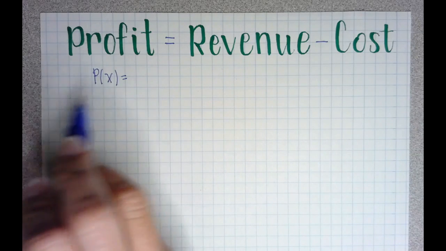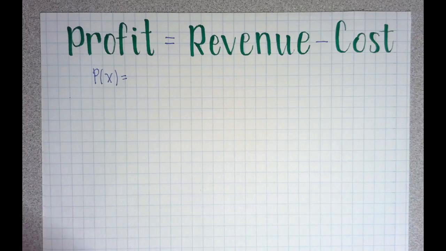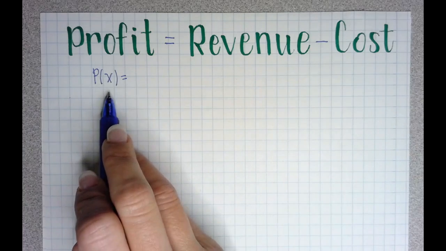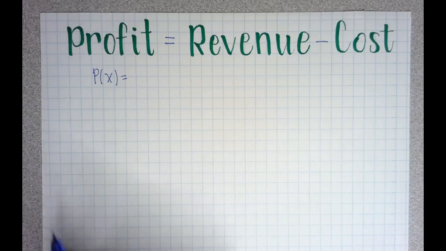Now I'm sure there are many ways you might choose to interpret this, but x might be the number of units you are going to be producing. So x is the number of items, or the number of cups of lemonade.